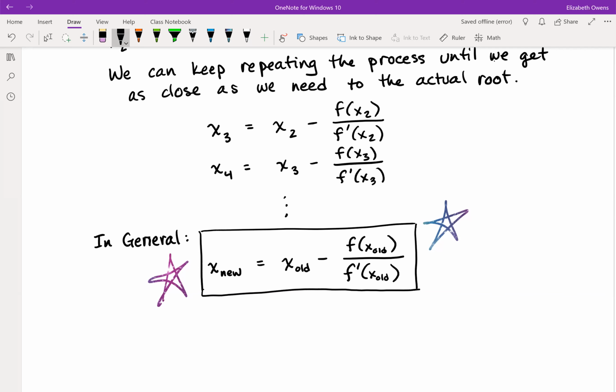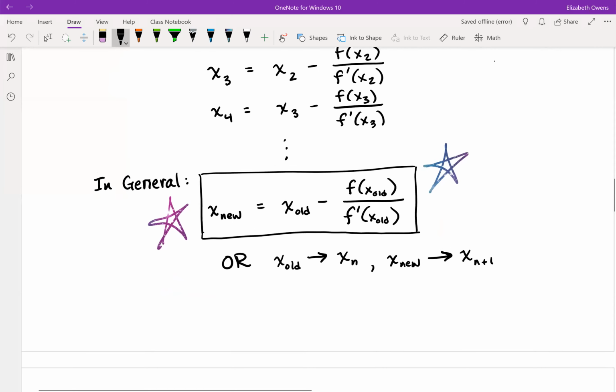Now, you could write this in another way that's a little bit more formulaic, a little bit more mathematical. If you say that the old x is x sub n, so you've found the nth approximation to your root, and then the new x that you're going to be finding is the next iteration. So you're trying to move that index n up by 1. So the new x is going to be x sub n plus 1.